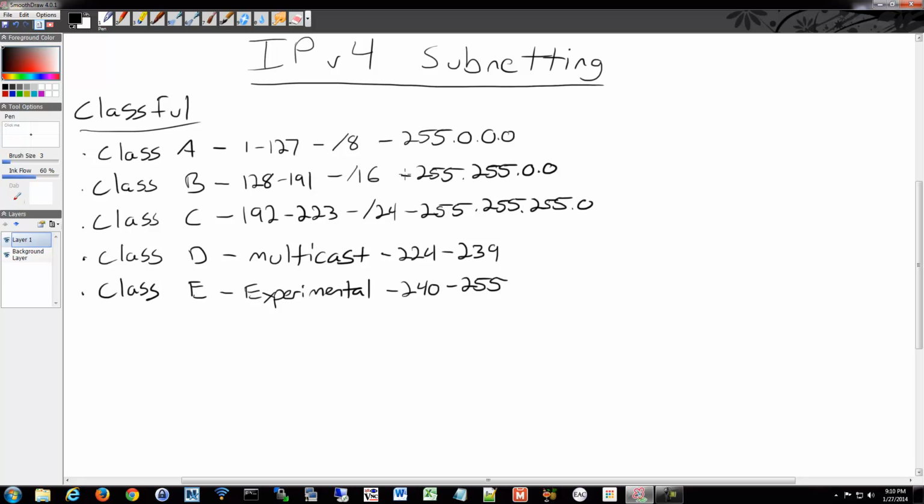So that's where that came from. So if you had a network that started with 72 dot something, you would have a /8. Your subnet mask would automatically be 255.0.0.0. So it would be 72 dot something. The problem with that is it was very wasteful.